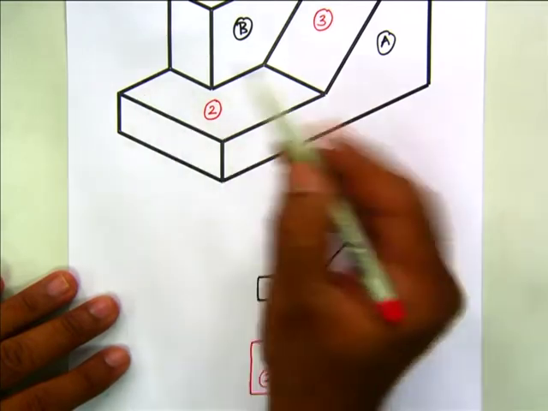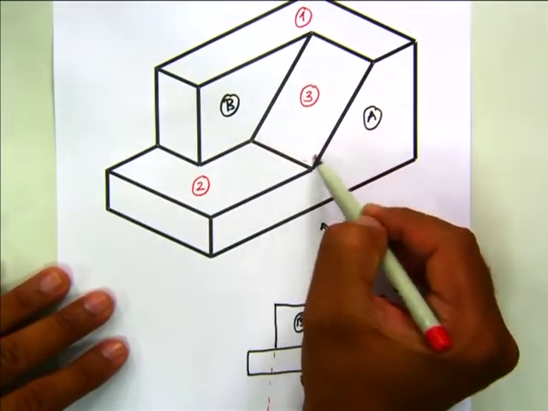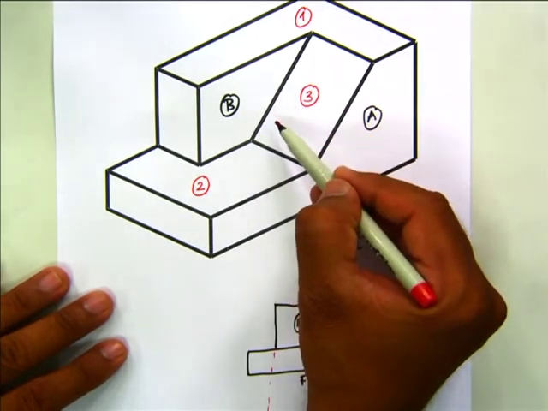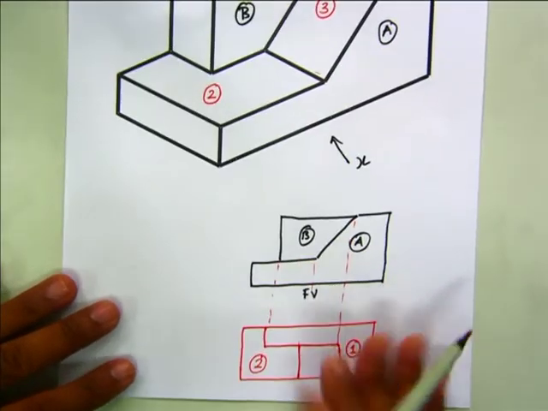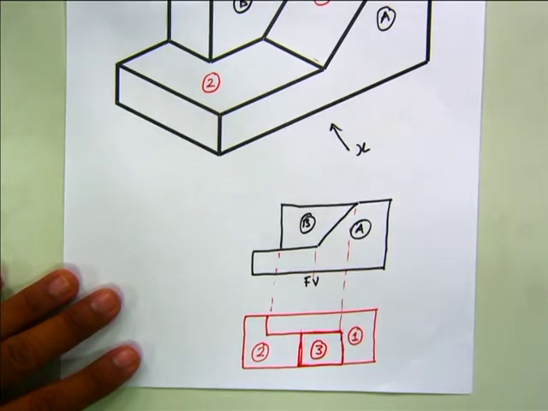And this third, which is shown as a small rectangle in the top, looks like this, and this third.